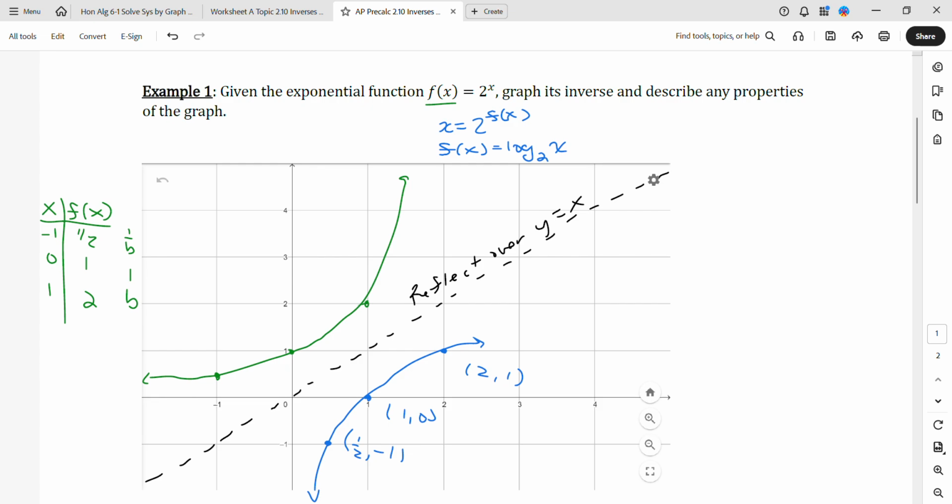One thing worth pointing out is remember that inverse notation. This is the inverse of f. Okay. So you can say the inverse of f or f of x.